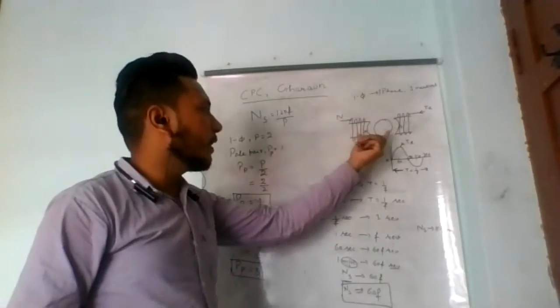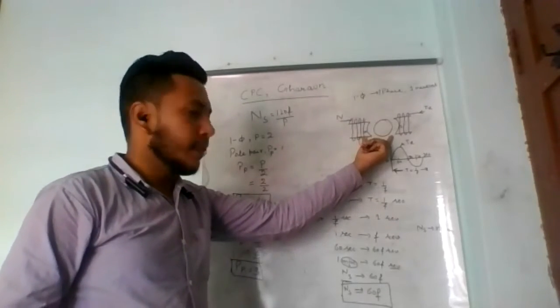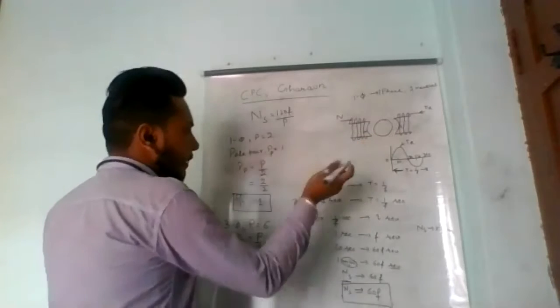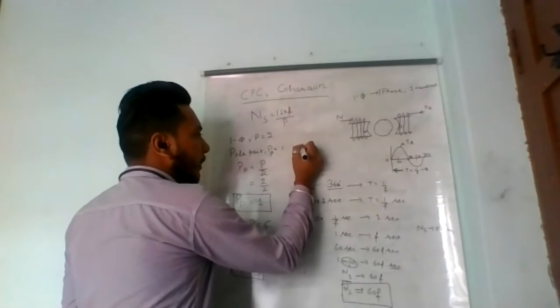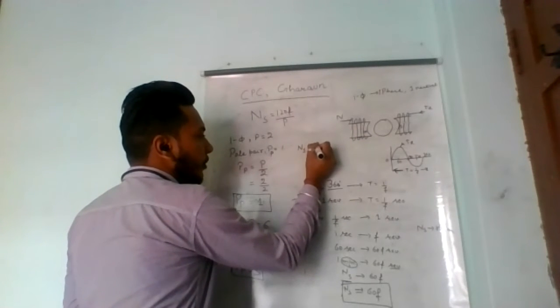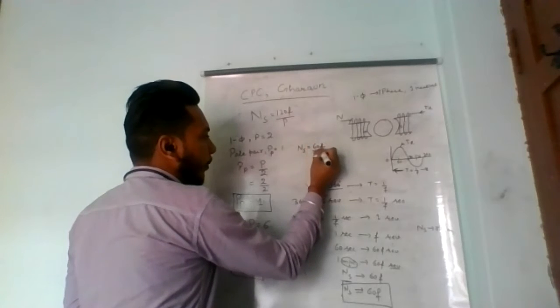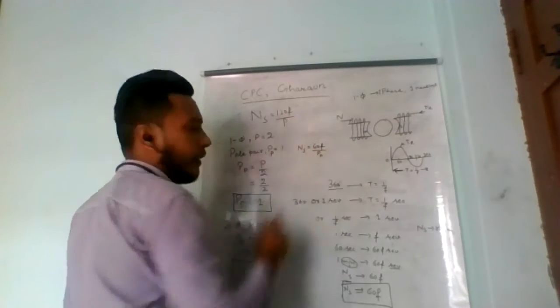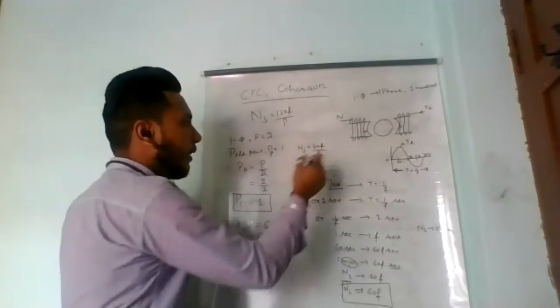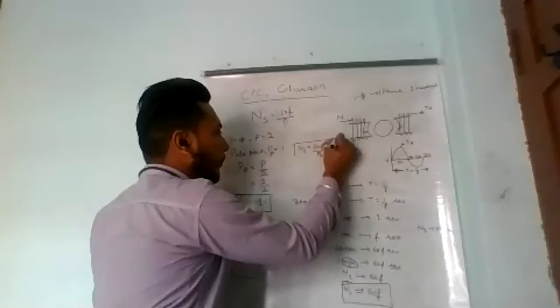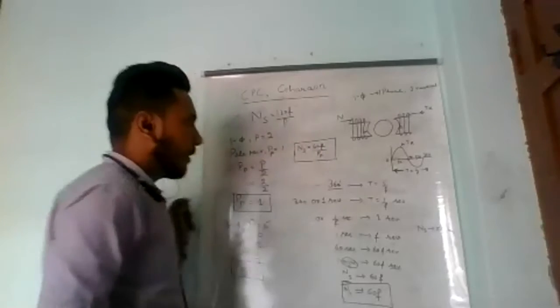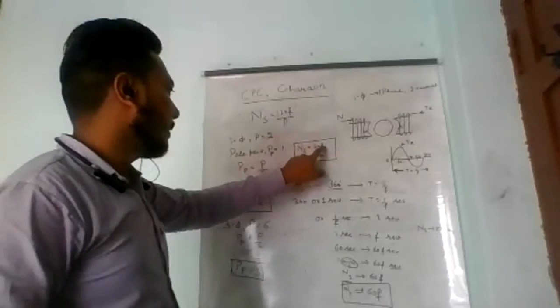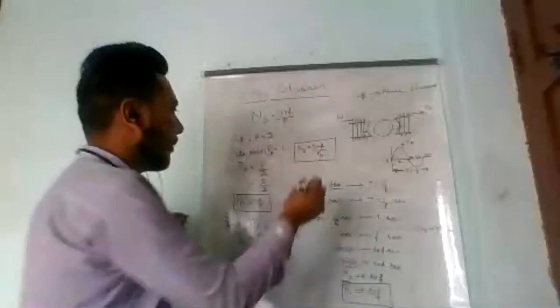Now we also have to consider the pole pair. When we consider the pole pair, then ns is equal to 60 f upon pp, pole pair. This is the complete expression: ns is equal to 120 f upon p.